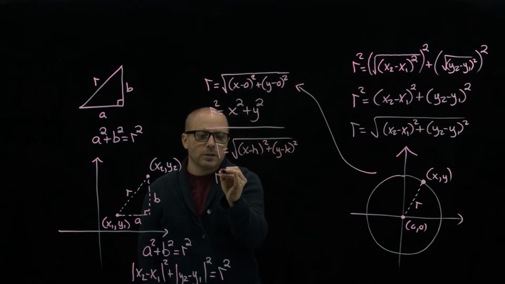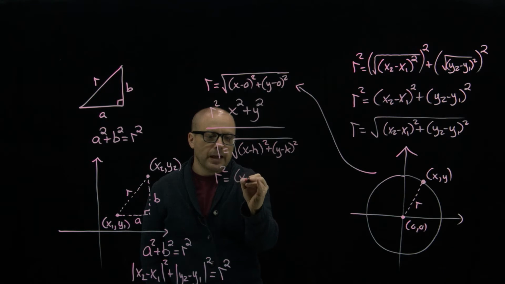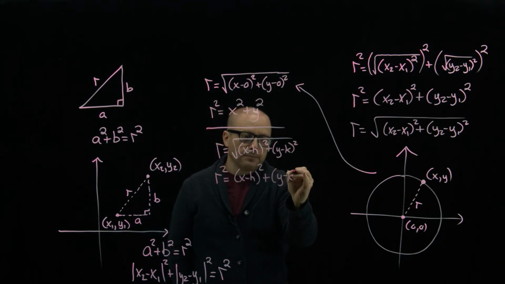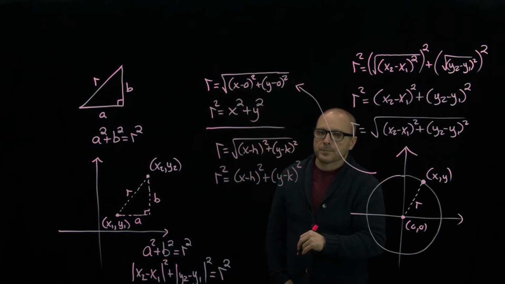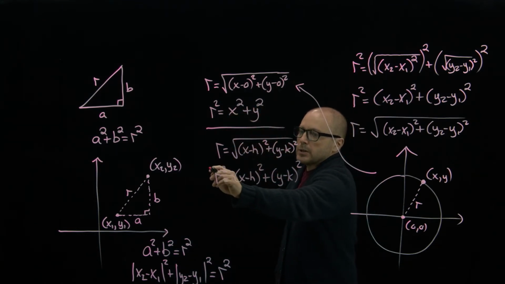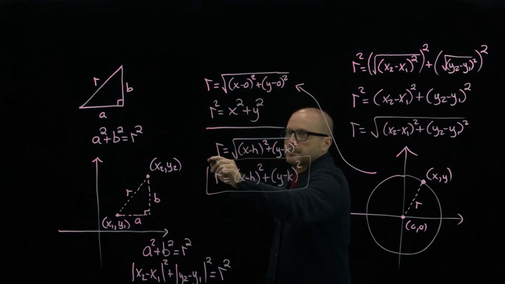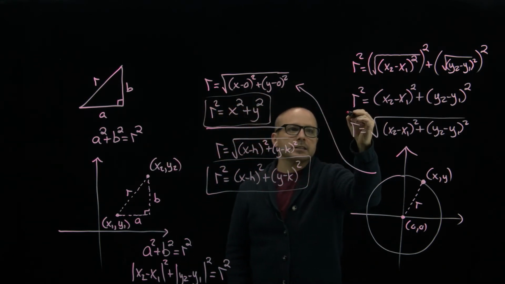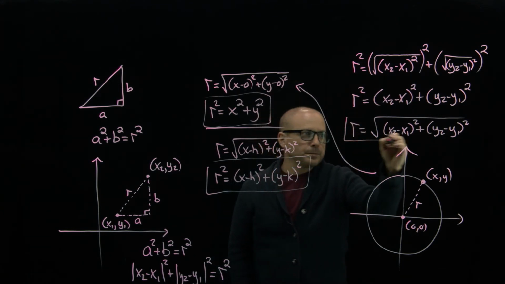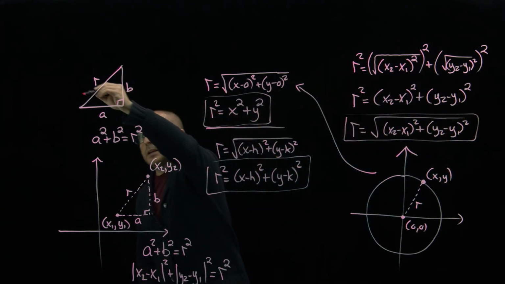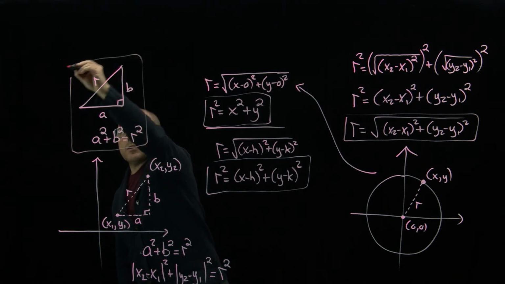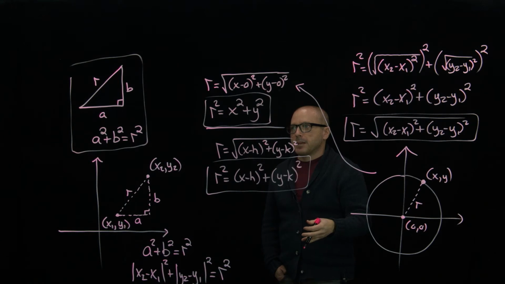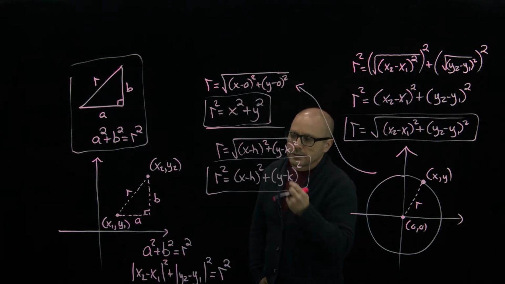And then we have the equation that we learn in algebra for a circle centered at h, k. So we should know this. We should know how to find distance. We should know the relationship on a right triangle. All those things are really all just different iterations of the same idea in different contexts.